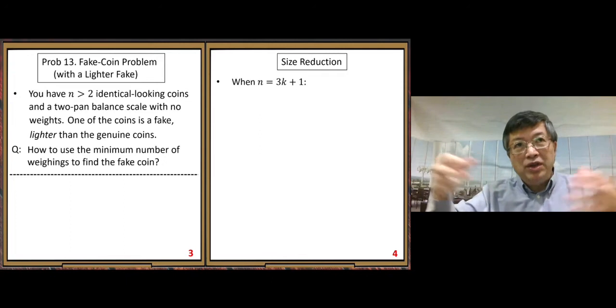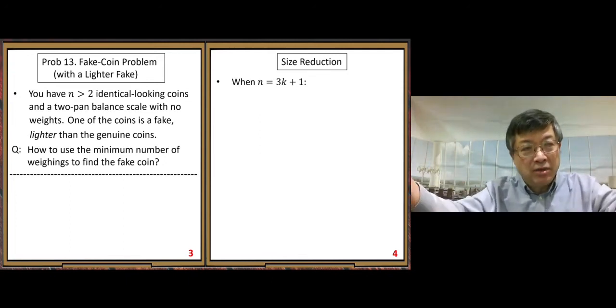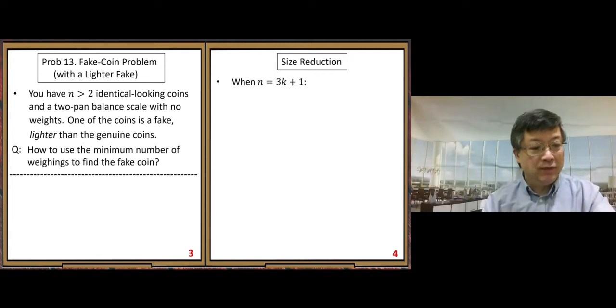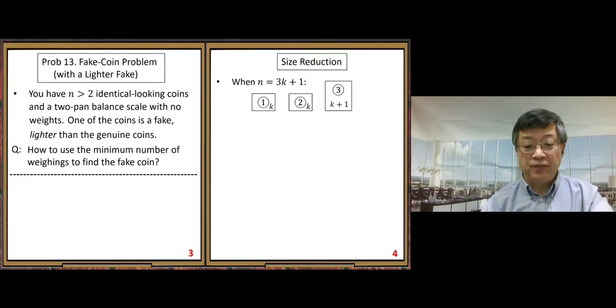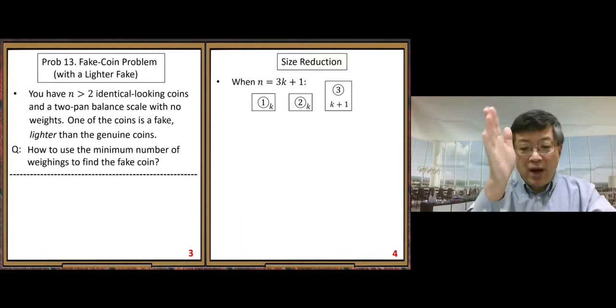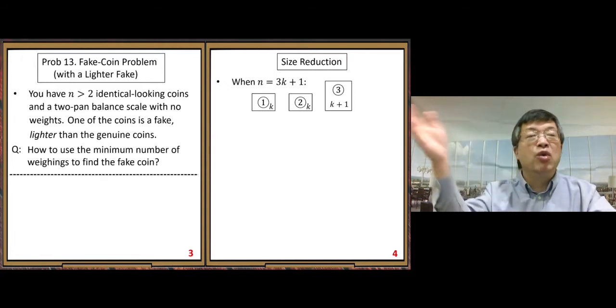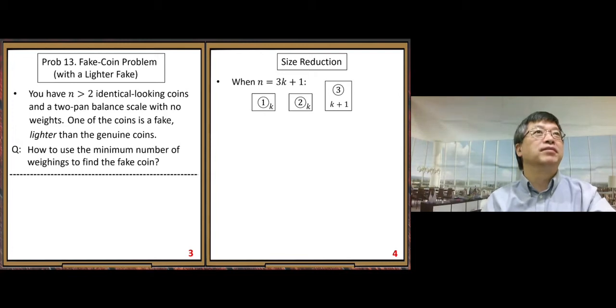When we make our distribution as balanced as possible, how do we distribute 3k plus 1 coins? Pile 1 has k coins, pile 2 also k coins, and pile 3 has k plus 1 coins. That's the best we can do.